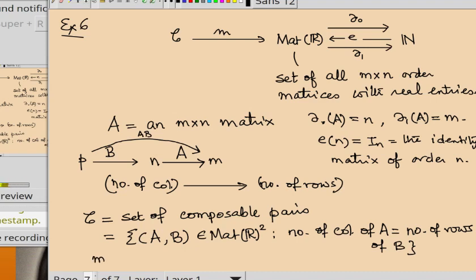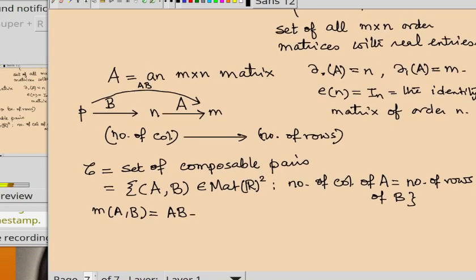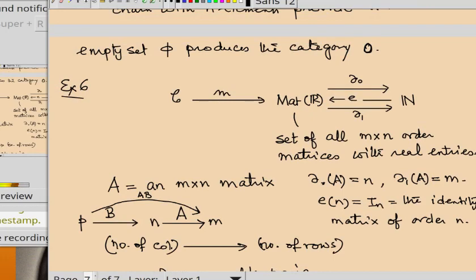So M is just the matrix multiplication. Okay? So given this, obviously this composition is associative, and the In are the identities.